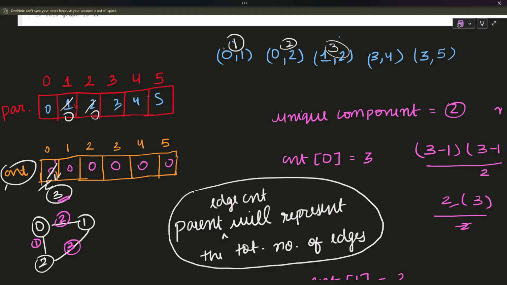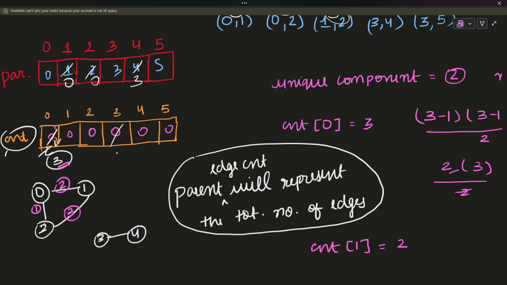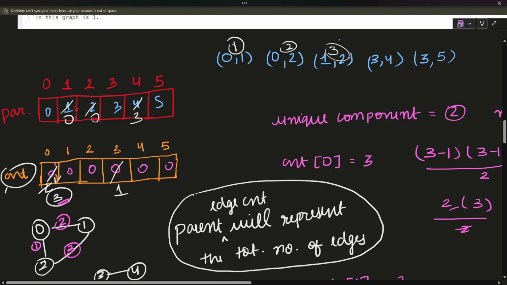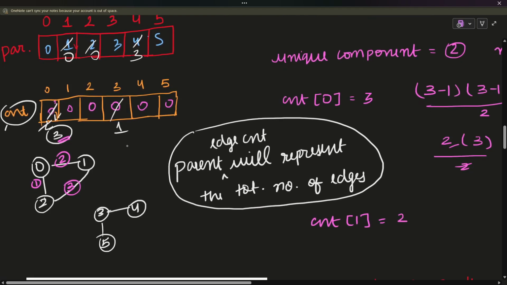So now 3 comma 4 comes, the fourth query. These two are of different components, so we connect them. The parent of 4 will become 3, and 3's count will increase by 1. Then comes 3 comma 5. 5 belongs to a different component, so we connect it, and the number of edges becomes 2, right?